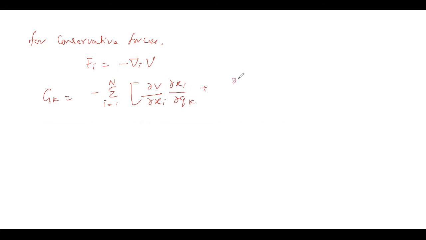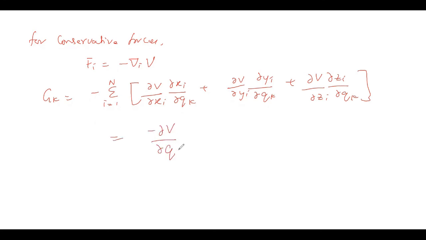Similarly, I will write for all other terms: delta Yi by delta Qk, plus delta V by delta Zi, delta Zi by delta Qk. If I rewrite this, it will become minus delta V by delta Qk. So let's say this is equation number 13.